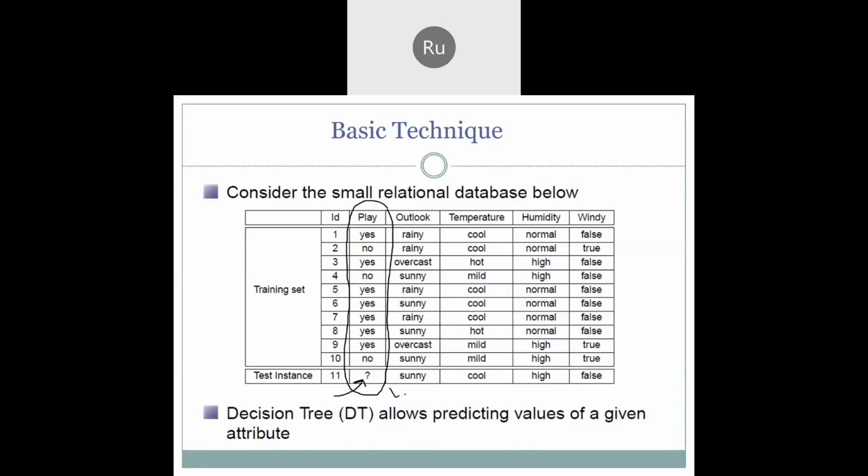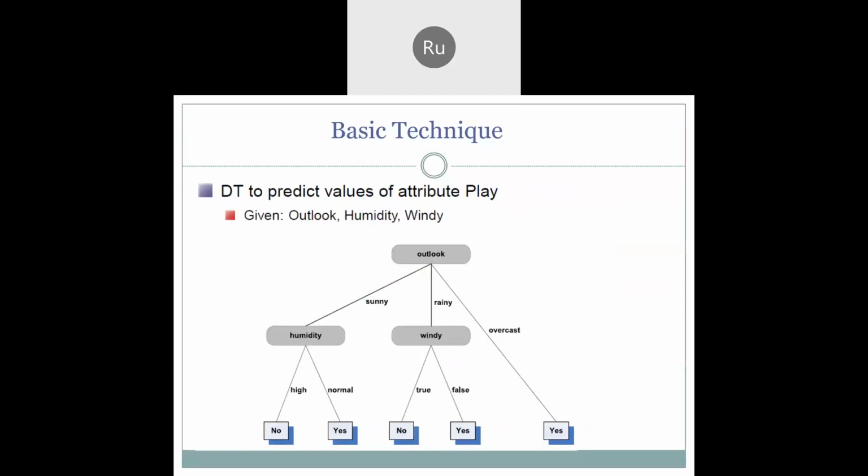Given the independent variables that we have here, we will compute the entropy or the information gain. Depending on the information gain, then we will decide whether we play or not. Okay, so the tree could look like this.